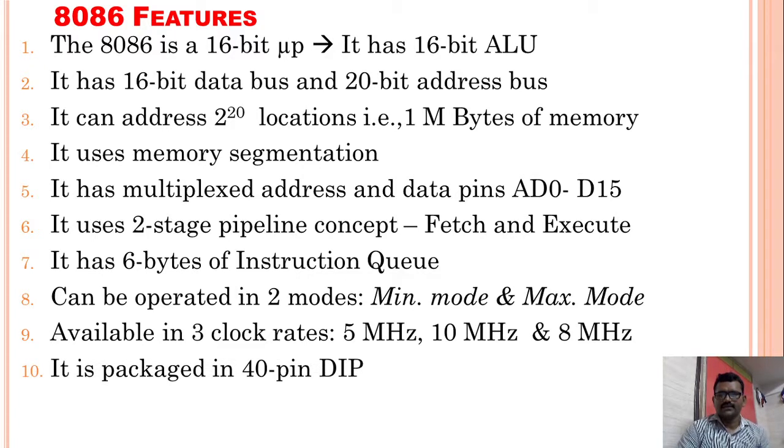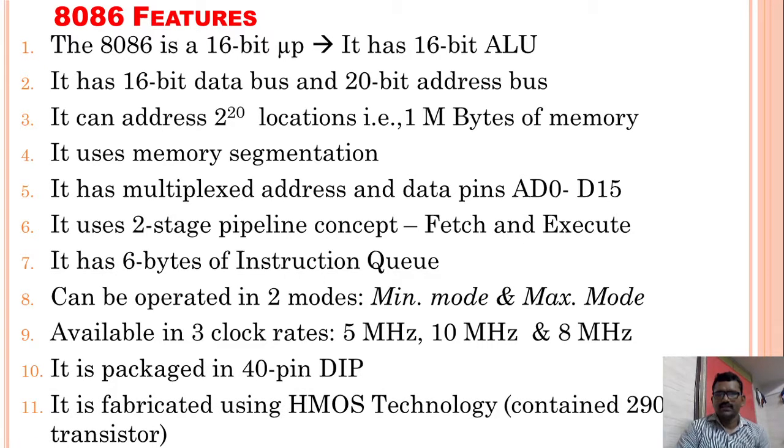It is packed in a 40-pin DIP package, dual in-line package, and it requires a +5 volt power supply. It is fabricated using HMOS technology, that is high density MOS technology, and it contains approximately 29,000 transistors. This is about the features of the 8086 microprocessor.